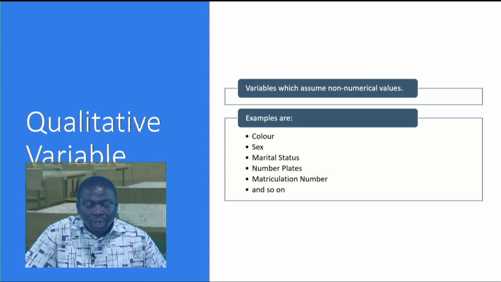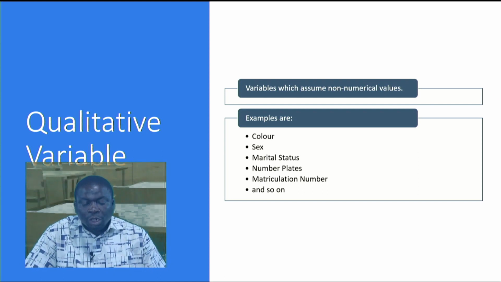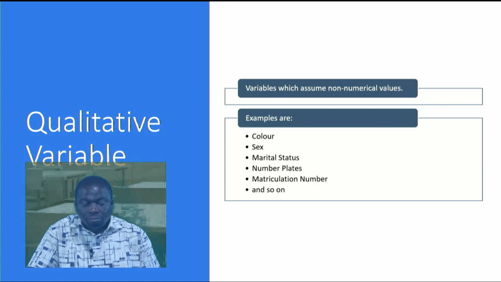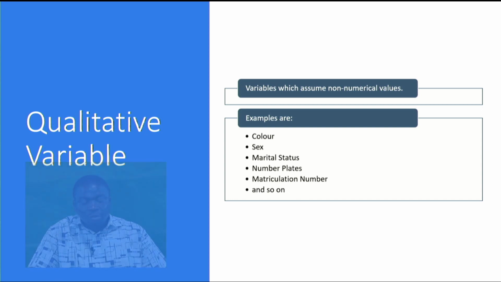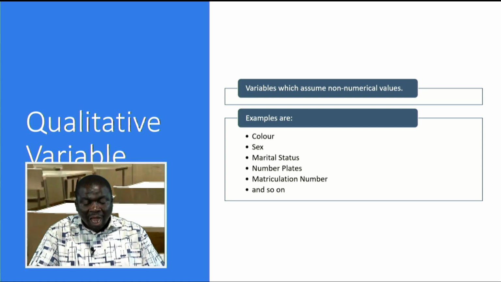Variables which assume non-numerical values. Examples of qualitative variables are color, sex, which we also refer to as gender, marital status, number plates of our vehicles, matric number, that is matriculation numbers, and so on.